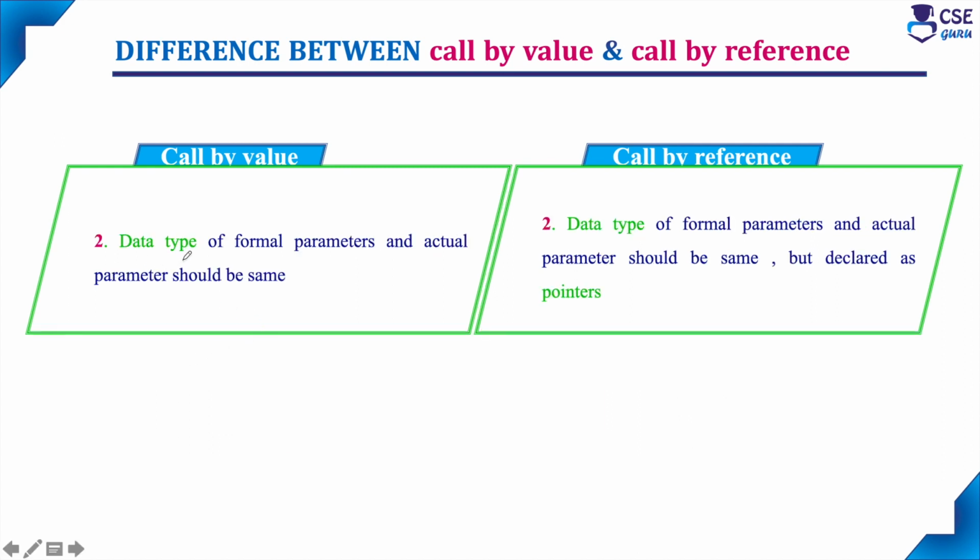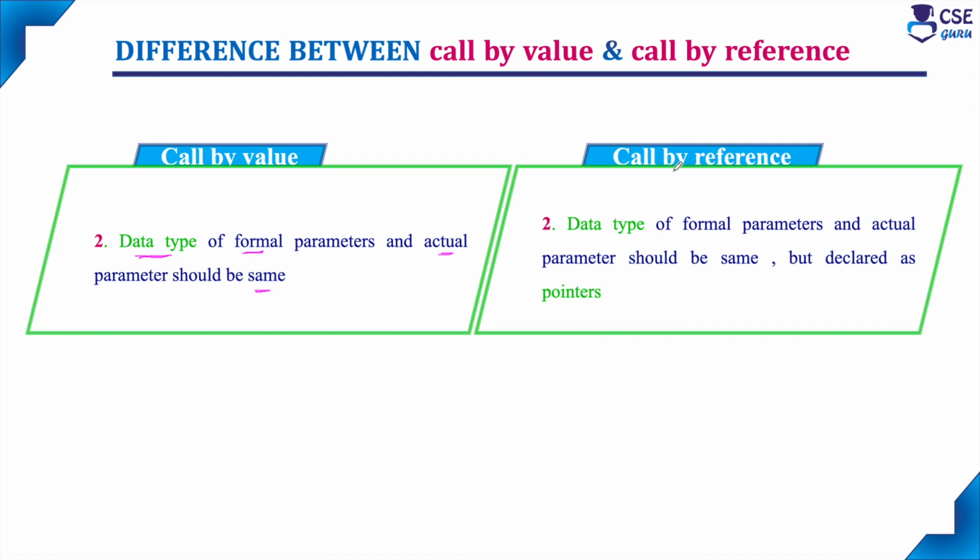Second difference, in call by value, the data type of both formal parameter and actual parameter should be same. So the data type of the actual parameter as well as the formal parameter should match. This we already know the rule, right? The data type and the number of parameters should match in function declaration, function call, and function header of function definition.